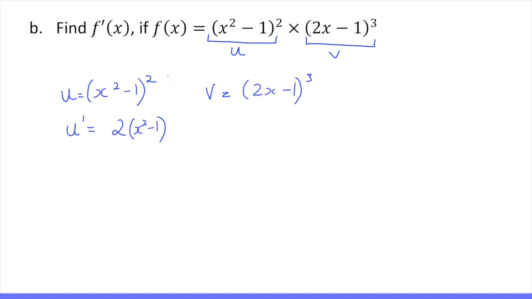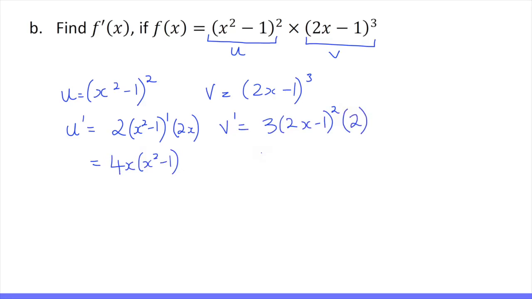I don't touch the bracket and I subtract 1 from the power. 2 minus 1 is just 1. And then multiplied by the derivative of the inside, which is 2x. So if I simplify that, that's just 4x(x squared minus 1). And then v dash, I'll take the 3 out the front, subtract 1, which makes it 2, don't touch the inside, and then multiply by the derivative of the inside, which is 6(2x minus 1) squared.